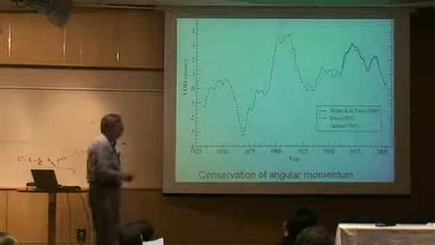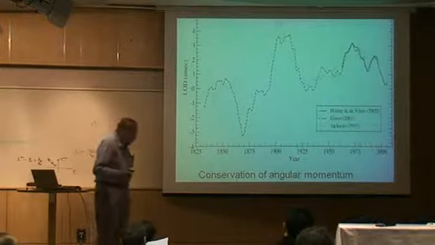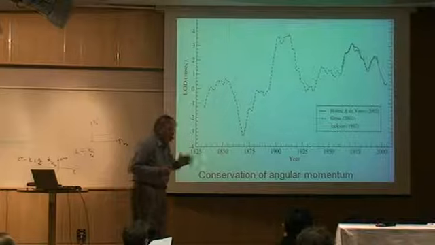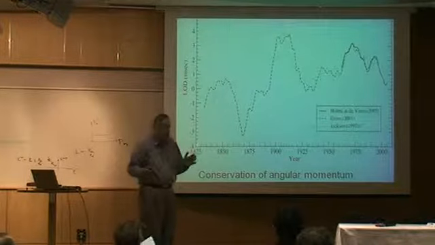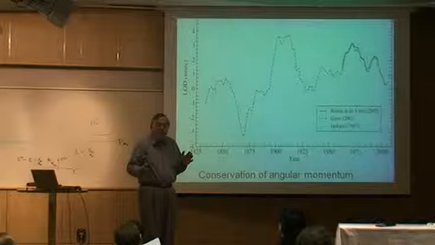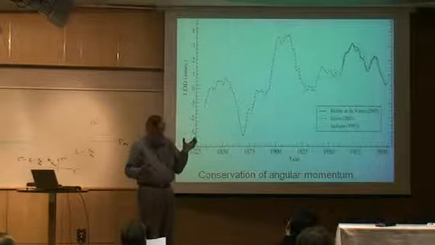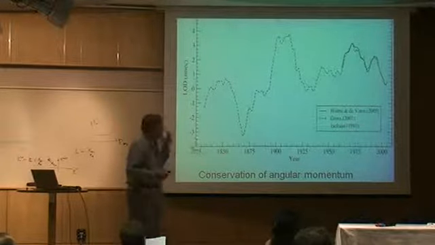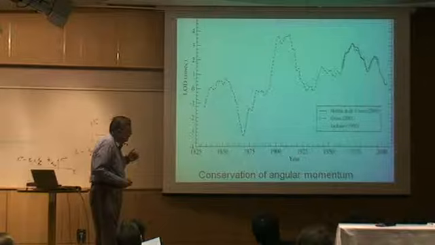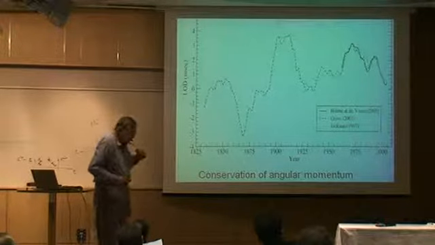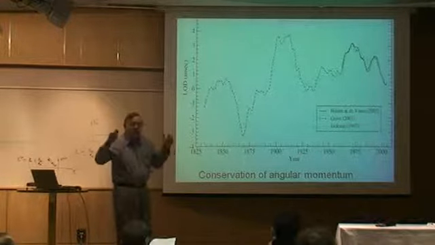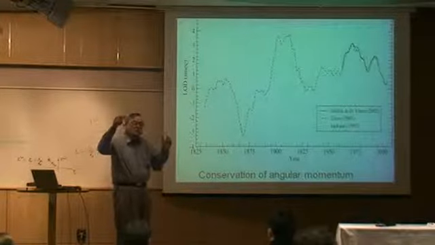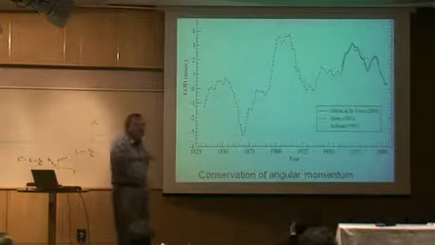What did they do? First of all, obviously you've got the length of day data available, and from the length of day data you have information about what the angular momentum of the core is doing. Second, you can infer the angular velocity of the surface of the core. You do that by extrapolating down from the Earth's surface to the core surface.